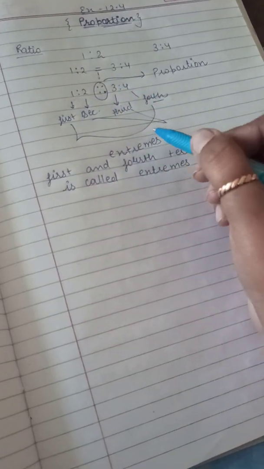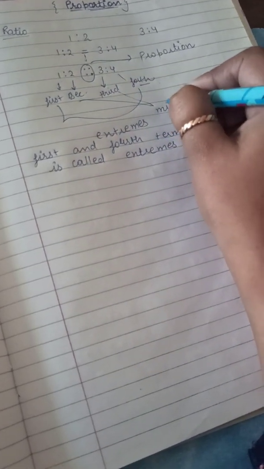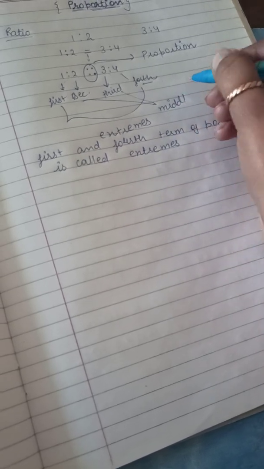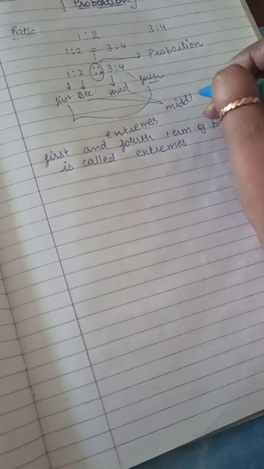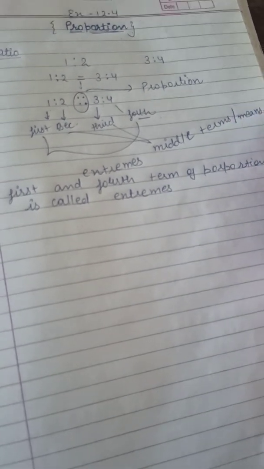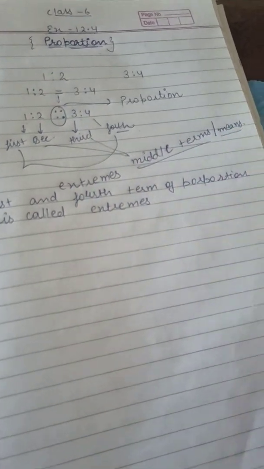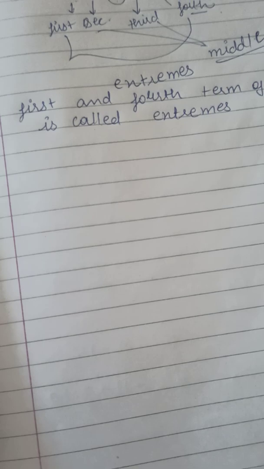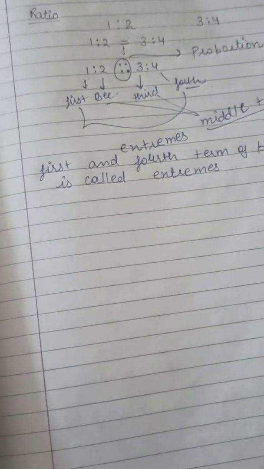See, these are in the middle, so you can write these are the middle terms, or you can say these are means, right? Either these are the middle terms or means. So like this, first and fourth term of proportion is called extreme. Same like this, second and third term are called means or the middle terms.